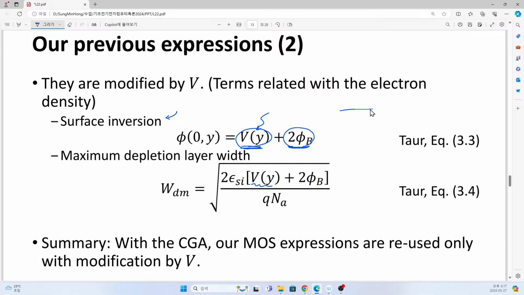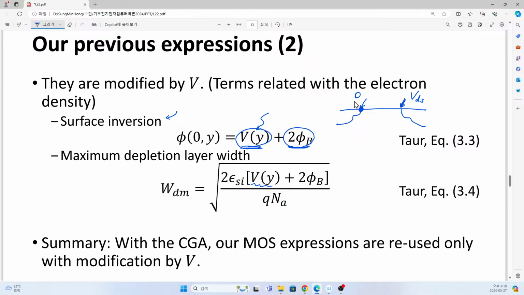So please note that when we have a MOSFET, then here and there we can have a different electron quasi-Fermi potential. For example, the boundary condition at the source side is just 0. And the boundary condition at the drain side is given as the drain-to-source voltage difference, because simply the electron quasi-Fermi potential at the terminals follows the applied voltage.